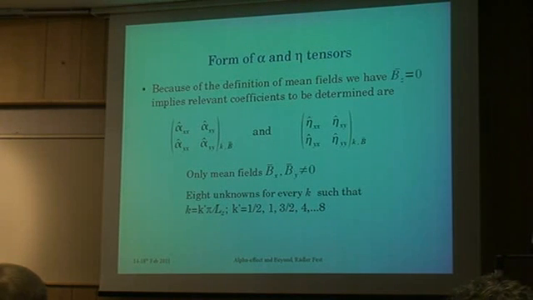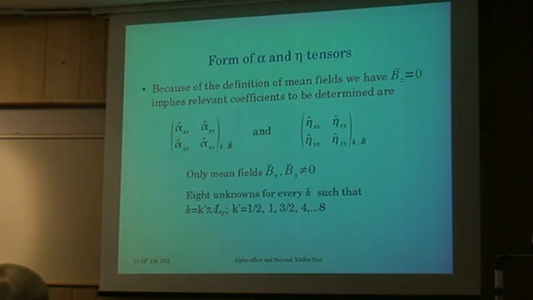So anyway, we still go ahead with this, and since we have defined our mean fields as horizontal averages, we can, without loss of generality, set Bz to 0 instead of a constant. And then we have 8 unknowns, 4 of alpha hats and 4 of eta hats, which are again tagged with the mean field B bar and the Fourier mode K of the B bar. So the value of alpha and eta actually depends on the scale of the turbulence which you want to probe.